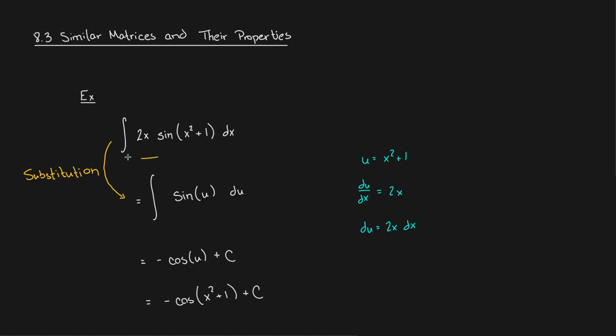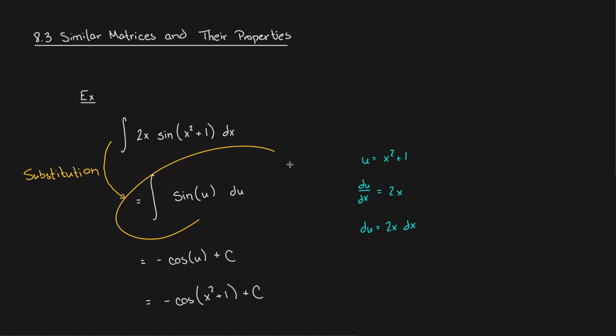Well, this looked like a hard problem all by itself, right? We didn't know the antiderivative of 2x sine of x squared plus 1 right off the top of our head. But by doing substitution, we were able to convert this harder problem to a similar, easier problem. Okay, the two problems are related, but this is much easier to work with, right?